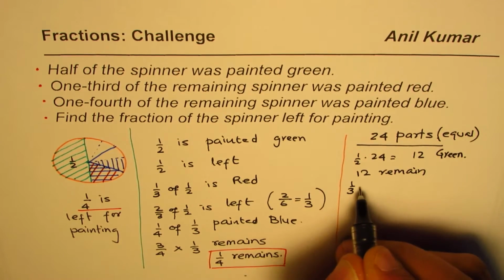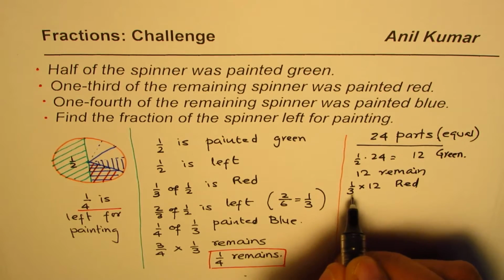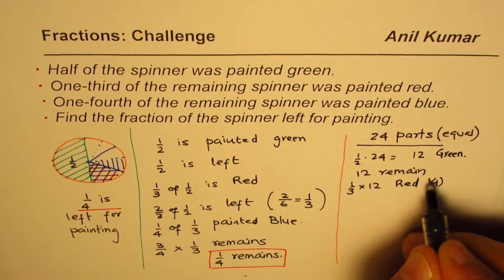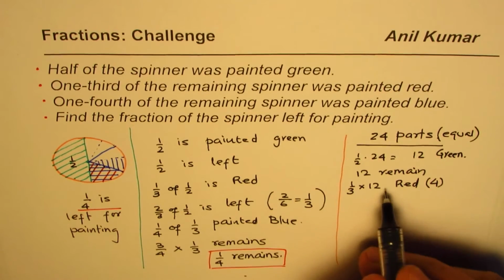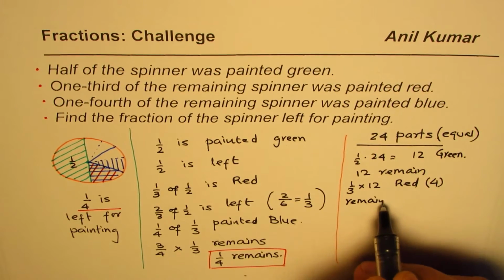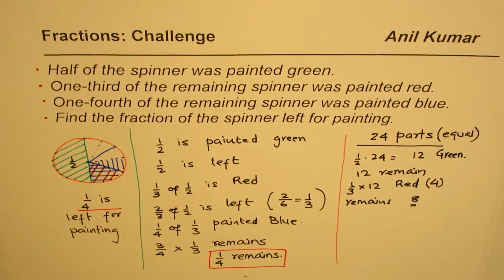So 1/3 of 12 is red. And this is how much? 1/3 of 12 is 4. What remains? If you take away 4, what remains is 8, right? So out of 24 parts, 8 remain.